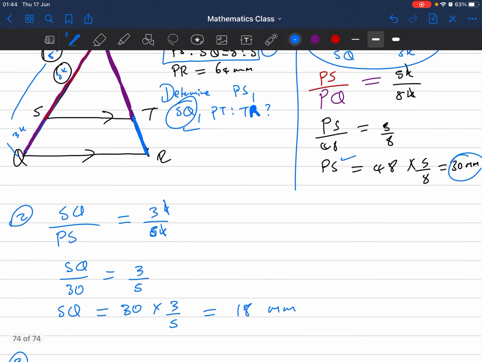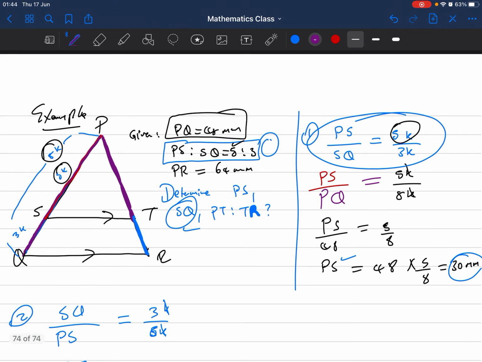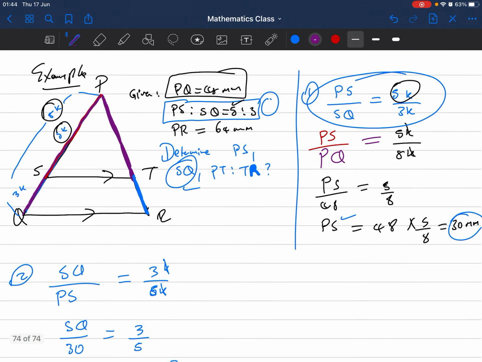They want us to find the ratio PT to TR. And what do we know?